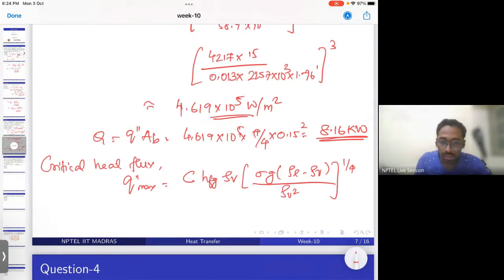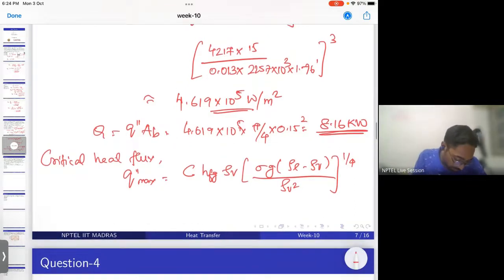Let me just confirm this formula once more. Yeah. So C is a constant and hfg is the latent heat of vaporization. Rho V is the density of vapor, sigma is surface tension, g is gravity, then the densities, raised to 1 by 4.